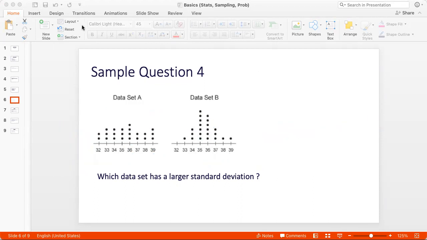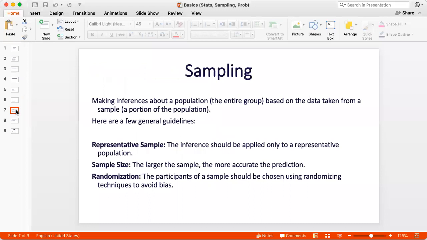Okay, that's question 4. Okay, when it comes to sampling, you need to keep a couple of things in mind when you're asked to apply the results of the sample to a population. Basically, the first thing is that the sample should be representative, which means that if you want to talk about the population of a town, then you should only take samples from residents of the town, right?